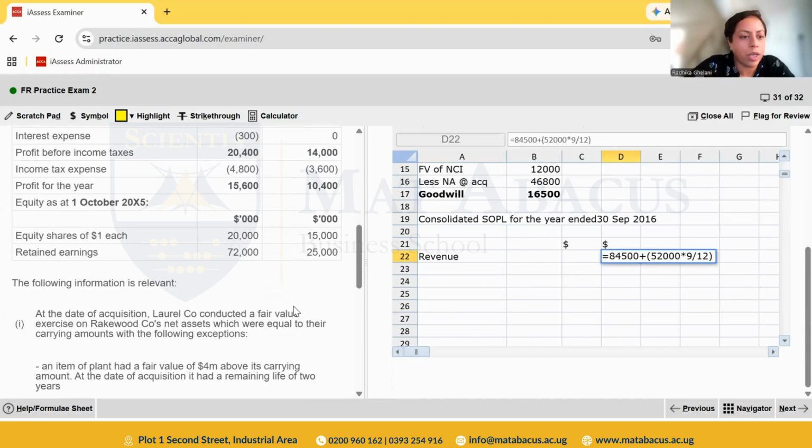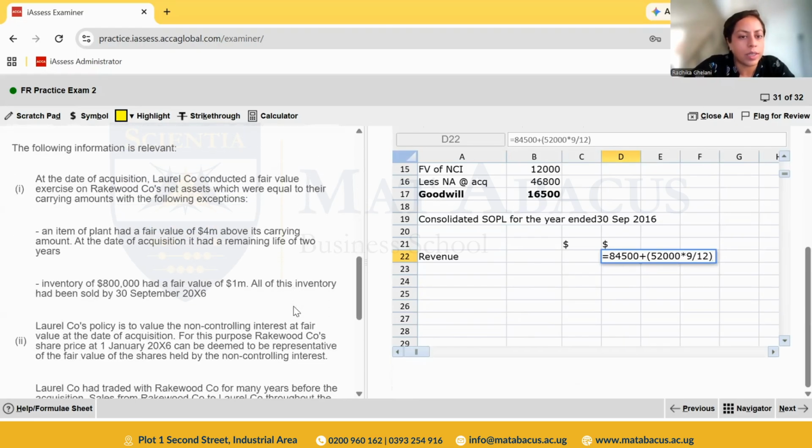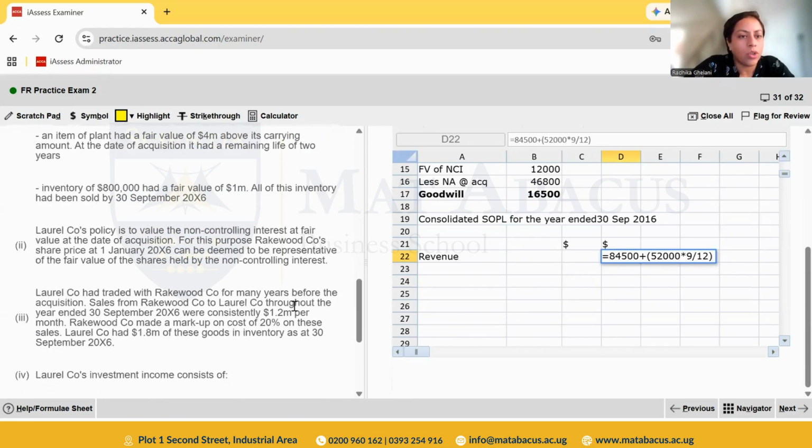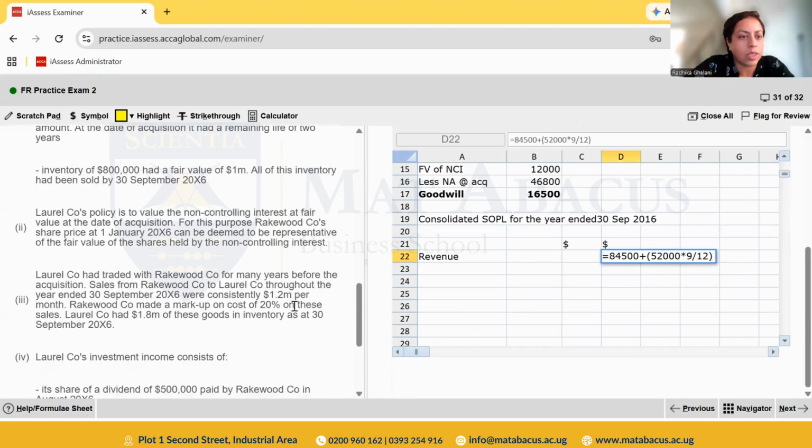But remember from our reading, do you recall that there was intercompany trading? Note number 3 had told us that Laurel had traded with Rakewood for many years before the acquisition. Sales from Rakewood to Laurel throughout the year were consistently 1.2 million per month. And we had this subsidiary for 9 months.